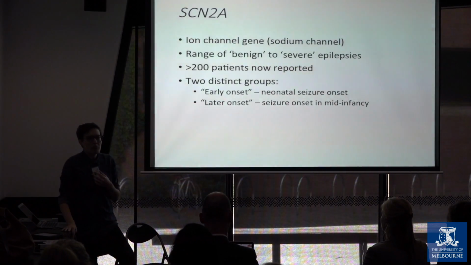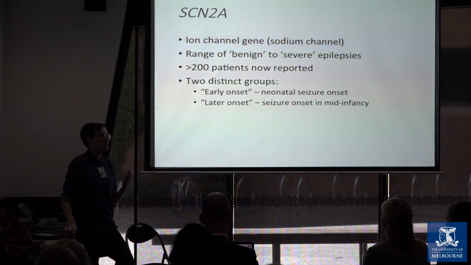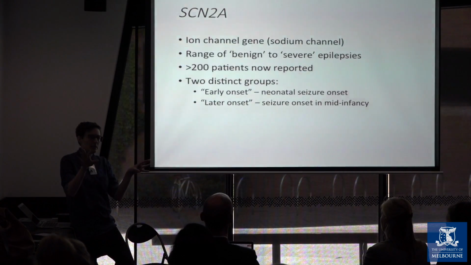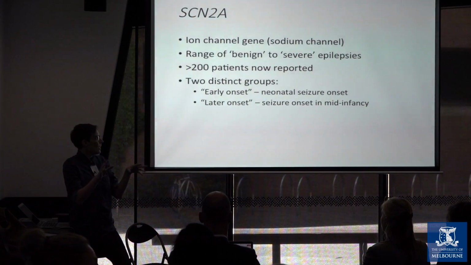There's over 200 patients now reported with severe epilepsies, and this is probably one of the conditions we understand better amongst the epileptic encephalopathies. Amongst those with severe epilepsies, there's two distinct groups.